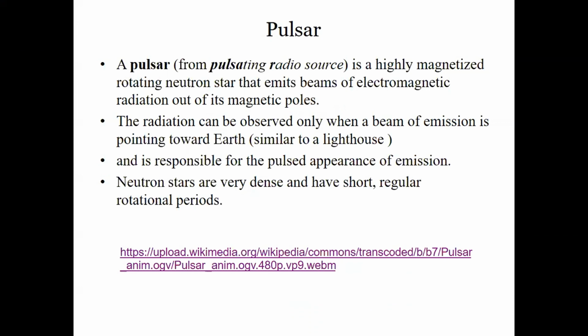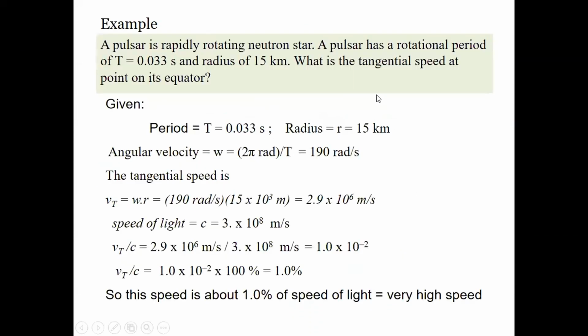Let's go back to the lecture and see one example on a pulsar. A pulsar, which is a rapidly rotating neutron star, has a rotational period of T equal to 0.033 seconds.